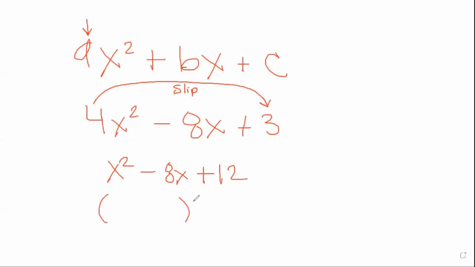Now I'm just going to use any of the other methods, or just factor in whichever way I can here. I need 2 factors that multiply to get 12 and add up to 8. Again, I would still use the T-chart method if I wasn't sure, or just trial and error. You can watch those other videos if you need some help on those methods. For here, trial and error, I know 2 x's get me x squared.